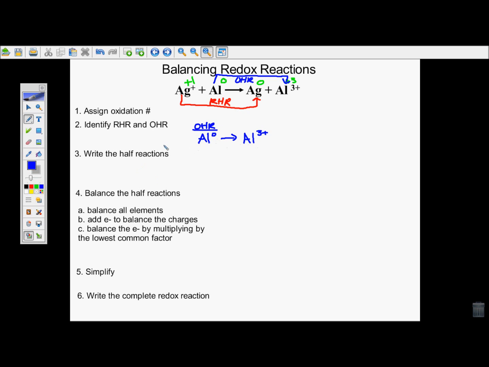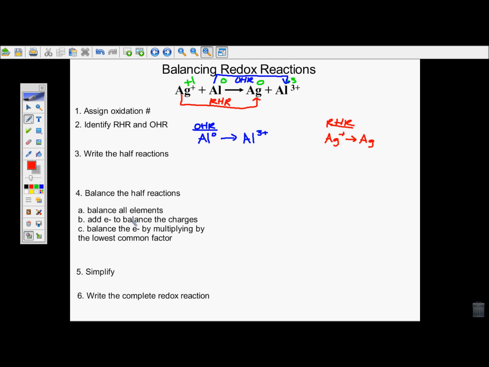And then our reduction half reaction is silver ion to elemental silver. Okay, so that's our half reactions.